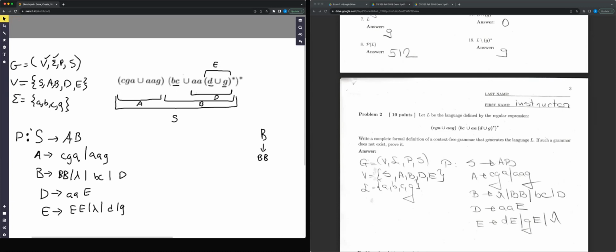The only things that change are B and D. So B turns into BB or lambda or BC or AAE, and then we completely remove D. If we completely remove D, then all we have is E turns into EE or lambda or D or G. This saves a variable.